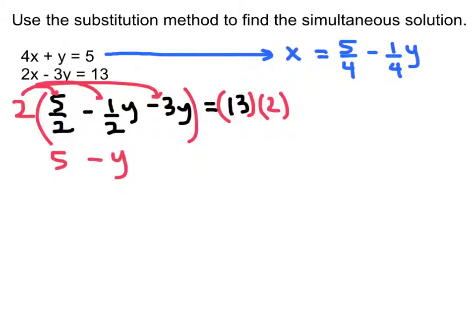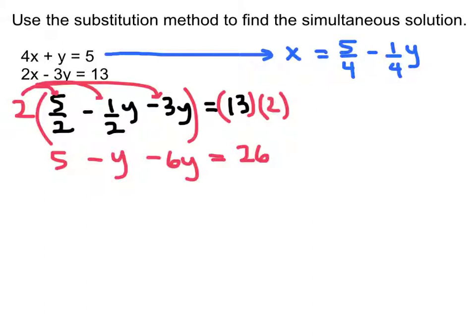And 2 times negative 3y will leave us with a negative 6y. We'll still have equal 13 times 2, which is 26. So notice when you have fractions, we just revert back to our old techniques from the previous chapter of multiplying through by the LCD in order to clear the fractions from the denominator.